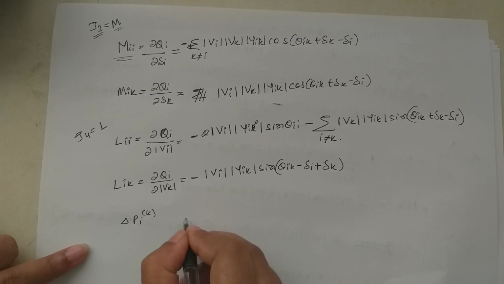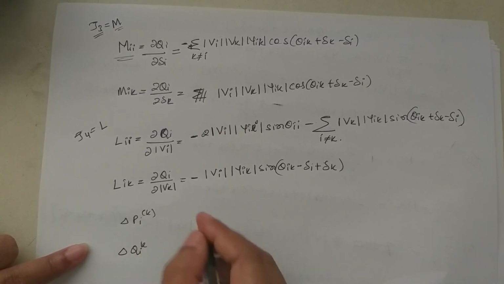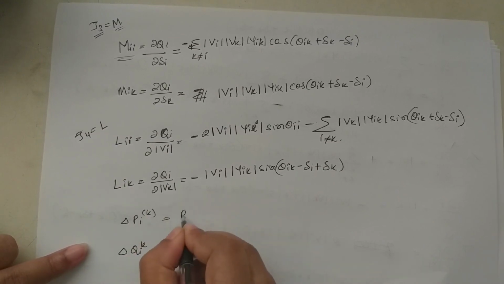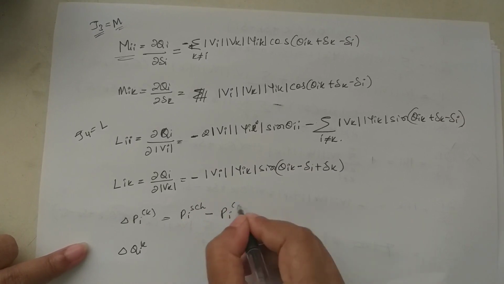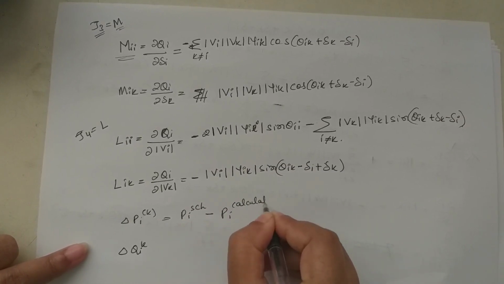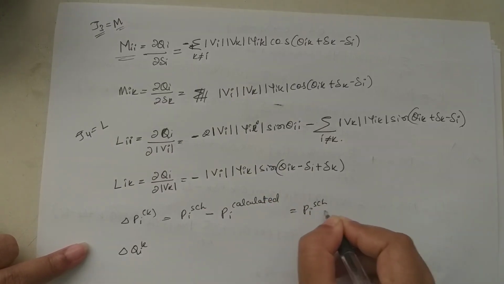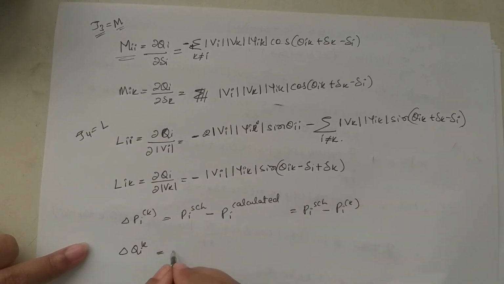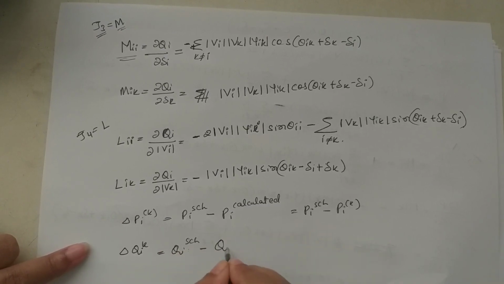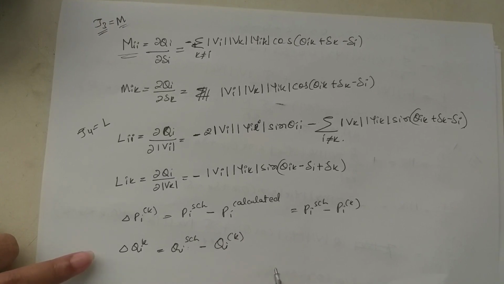The terms ΔPik as well as ΔQik can be calculated using this formula: Pi scheduled minus Pi calculated, which is also called Pi scheduled minus Pik. Similarly, ΔQik is Qi scheduled minus Qi calculated.